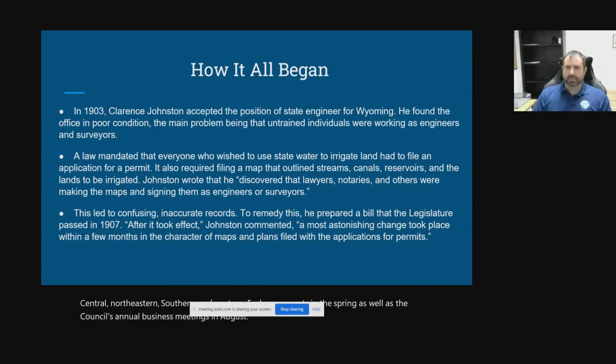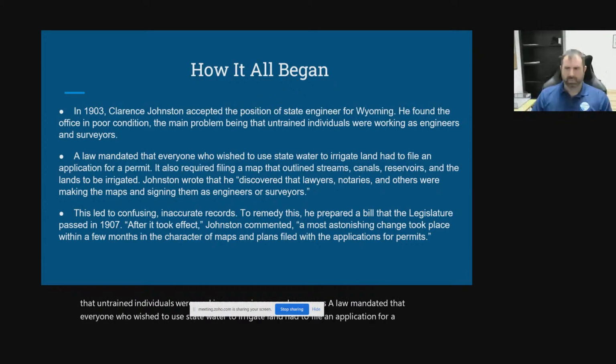All right. So in 1903, this is kind of how it all began. Clarence Johnson accepted the position as the state engineer in Wyoming. He found the office in poor condition. The main problem was that untrained individuals were working as engineers and surveyors. A law mandated that everyone who wished to use state water to irrigate land had to file an application for a permit.